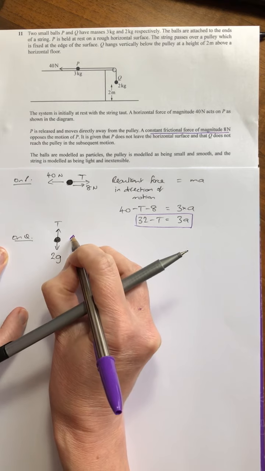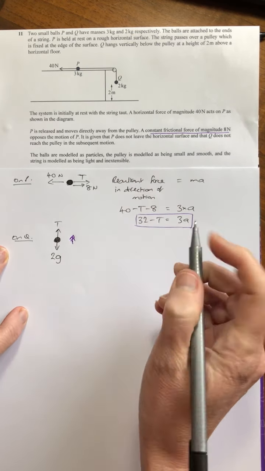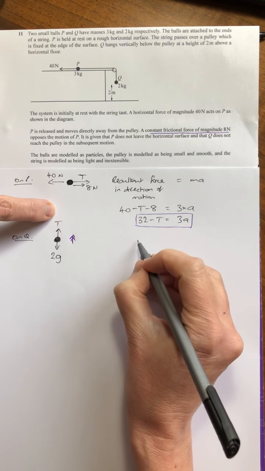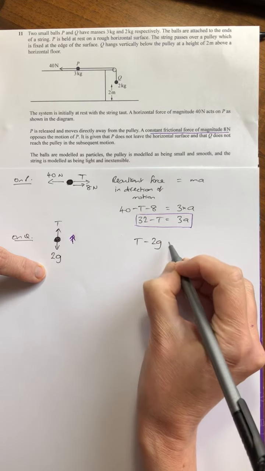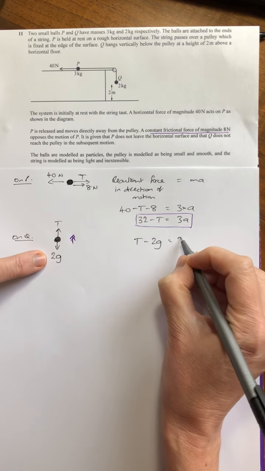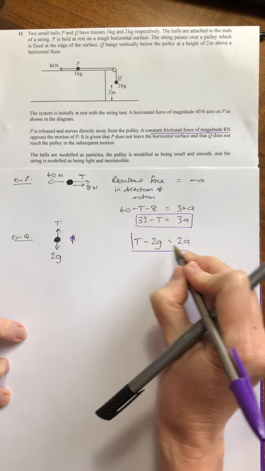Q is travelling upwards, so if I think about the equation, resultant force in the direction of motion, T is going up, so that's what I start with. 2g going downwards, that's opposing the motion, and that is equal to the mass of Q multiplied by its acceleration.